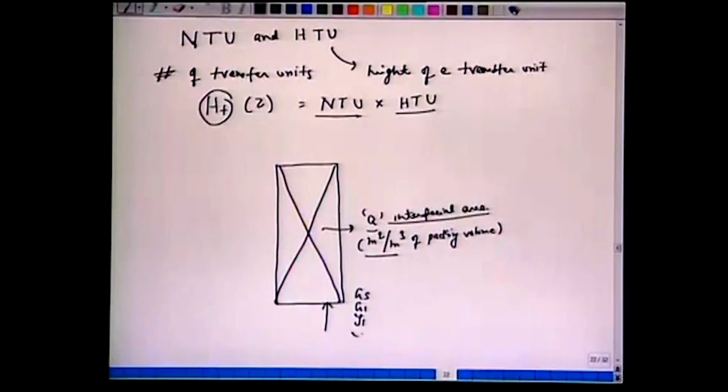G1, y1 and capital Y1. So you are familiar with this nomenclature, that GS does not have any subscript, and 1 because this level is 1 here. This gas, which is treated, now we will have the specs GS, notice there is no subscript again, but we have G2, small y2 and capital Y2. We have discussed this in the previous class.